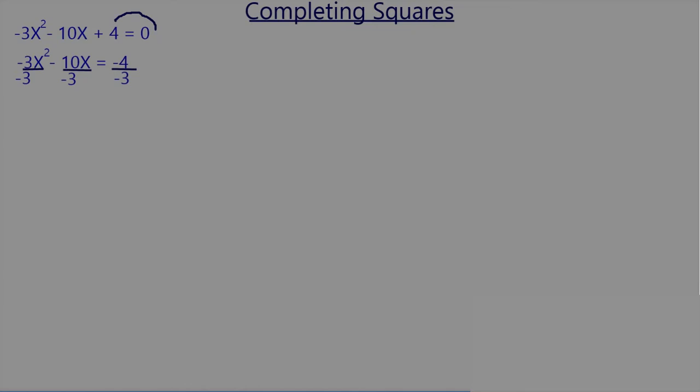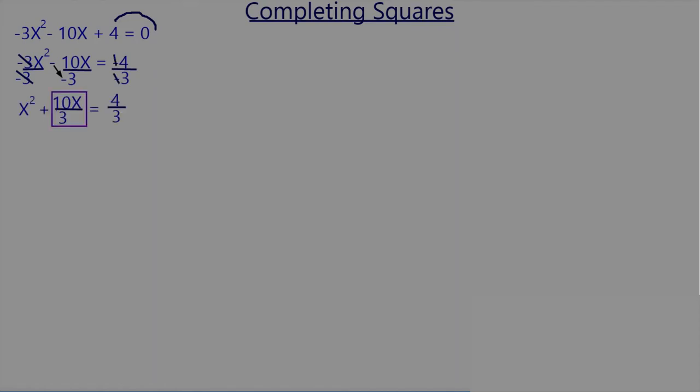So -3 divides into -3 leaves 1x squared. -10x cannot be divided by -3 without leaving a remainder, but the negative signs will cancel each other to give positive. Also on the right-hand side of the equation, -4 cannot be divided by -3 without leaving a remainder, but the negative signs will be cancelled, and the numerator and denominator will become positive.